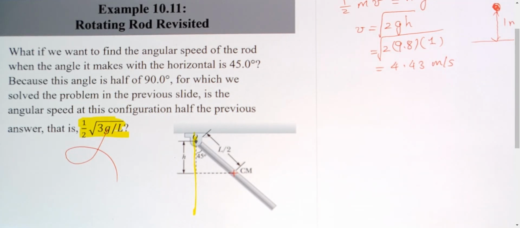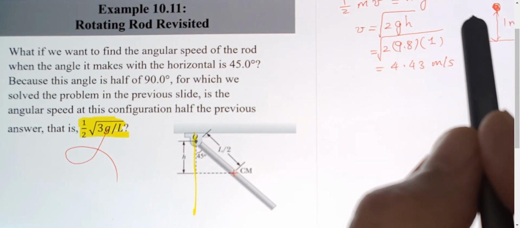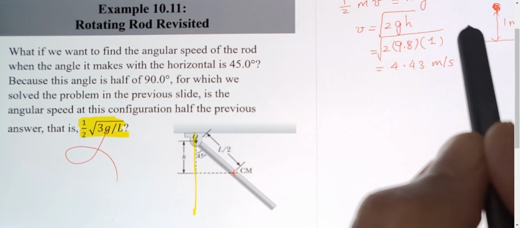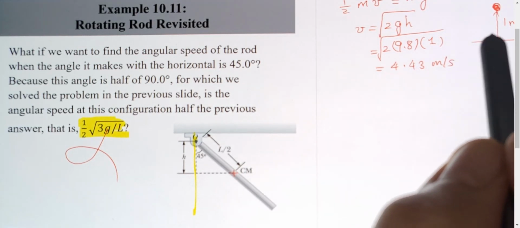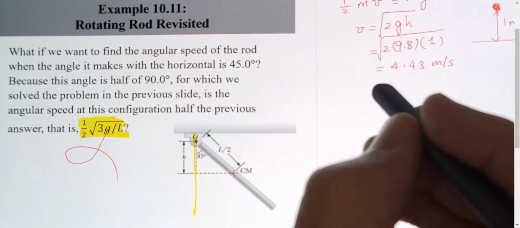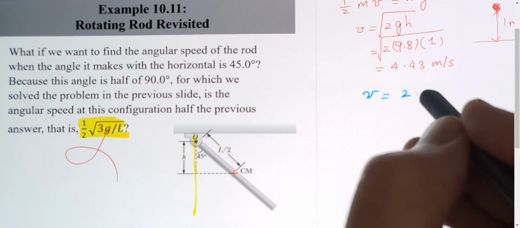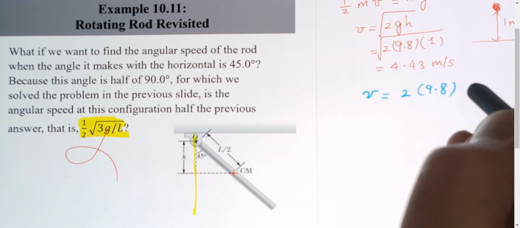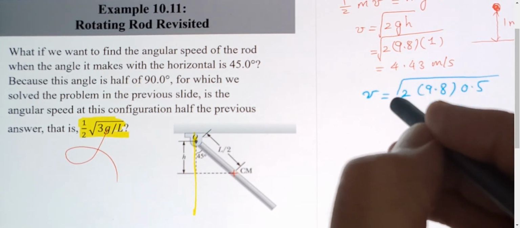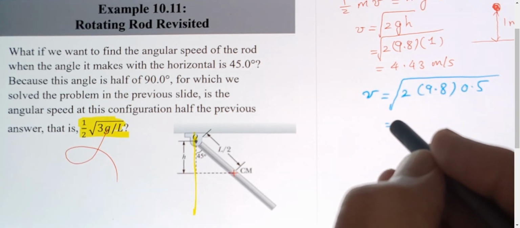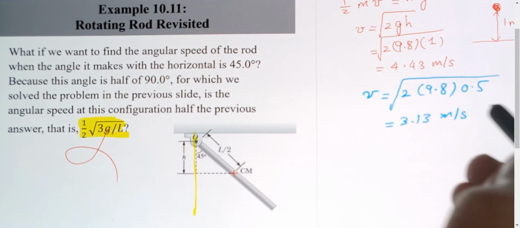What will be the speed at half the distance? Is it half the speed? Of course the answer is no, because see what will happen. So this is V equals the square root of 2 times 9.8, and then I have a half, and everything is under square root, and this will give you 3.1 meter per second.